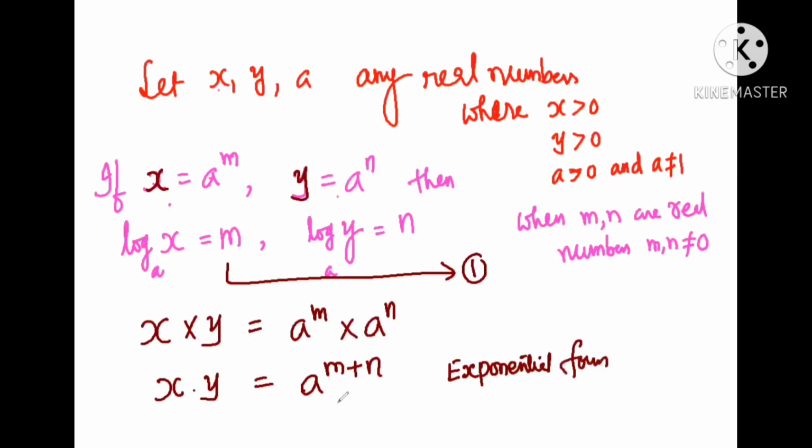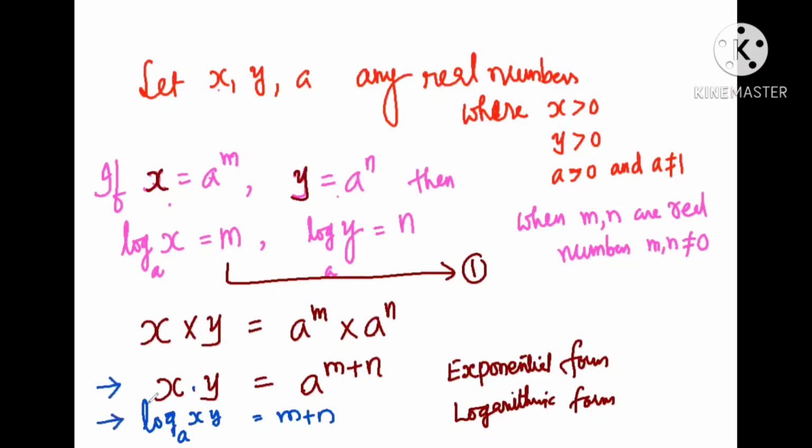Now let us write the logarithmic form of this exponential form. How to write the logarithmic form? Here this is a number, so logarithm of xy to the base a is equal to the exponent m plus n. This is the exponential form, this is the logarithmic form.